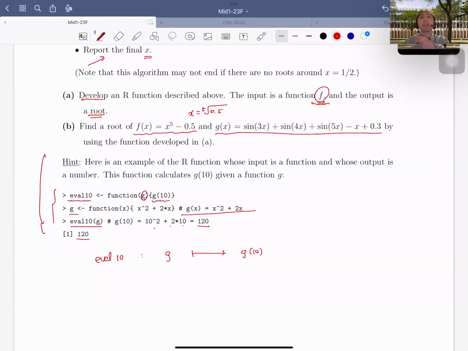Yeah, we just assume the continuous function with the domain from negative infinity to positive infinity.